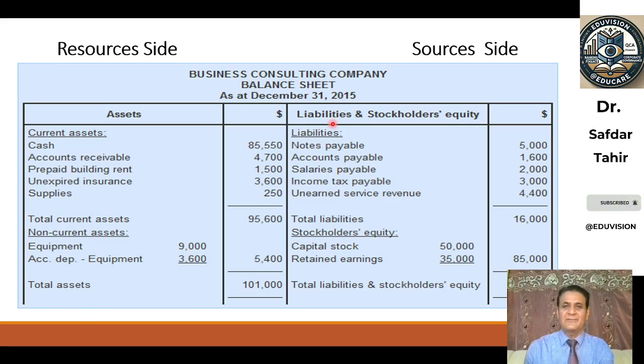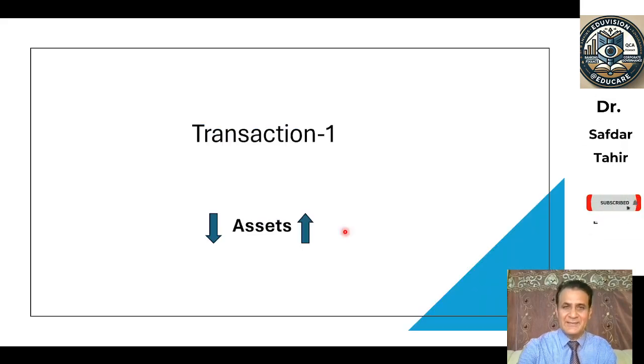Then the other side of the balance sheet is the liabilities and stockholder equity, I mean owner equity. So if we want an elaborative form of the accounting equation, it is called a balance sheet.